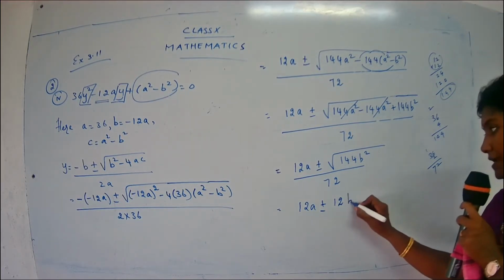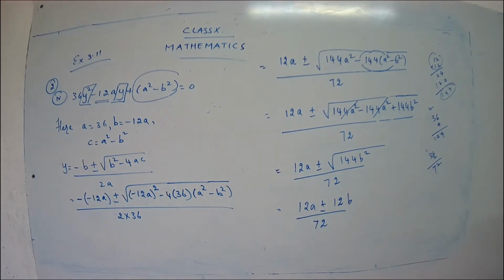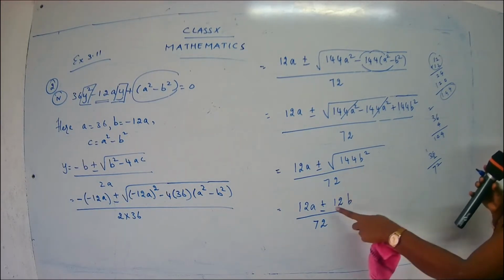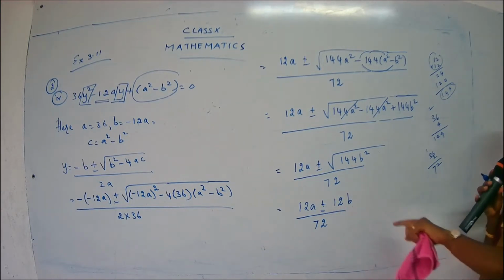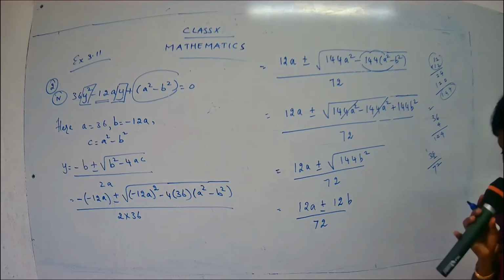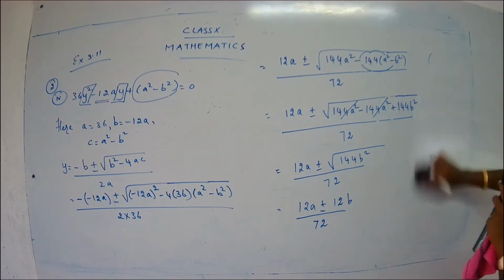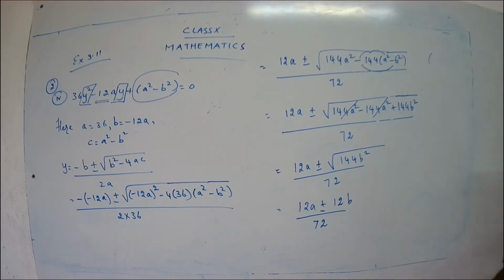It's b. Are you clear with the step, children? So I am finding the square root of 144 b square. It's 12b. So 12a plus minus 12b upon 72. Now what are we going to do? I hope the step is clear till here. Okay, let's go for the next step.